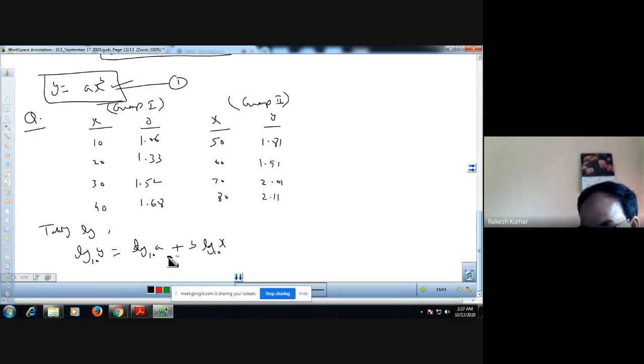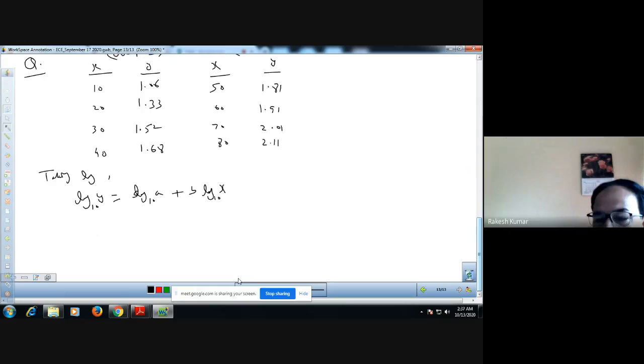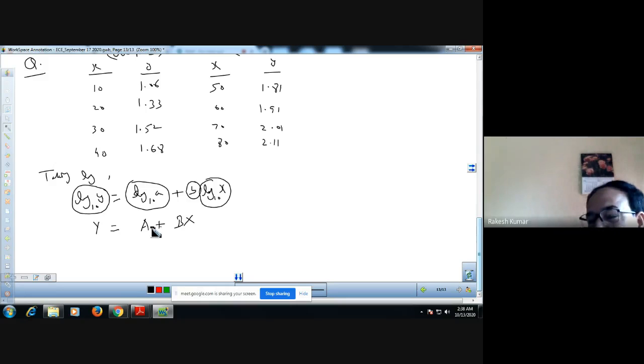This is a new variable, not y, so name it as capital Y, capital A, capital B into capital X. So this is the new naming, where capital X is log of x to the base 10. This is your new equation, because we are converting the exponential equation into linear. This is the new linear equation in Y and X.